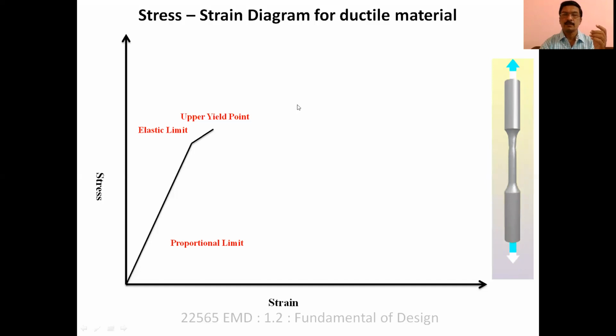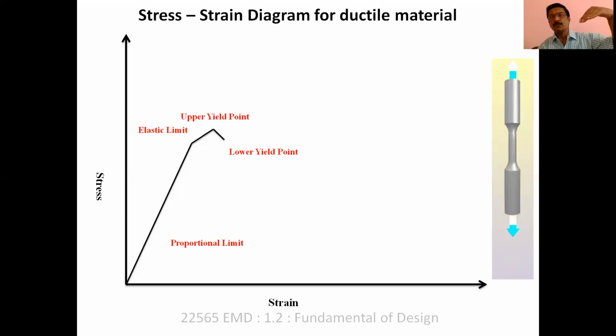Now here, after this yielding point, again if I increase the force, what will happen? So now after the upper yield point, there is a lower yield point. So what is that lower yield point?